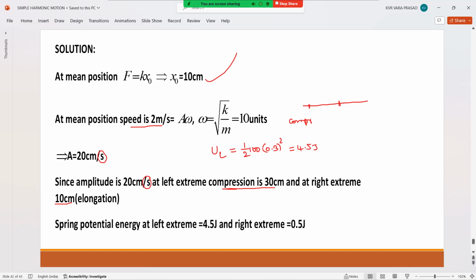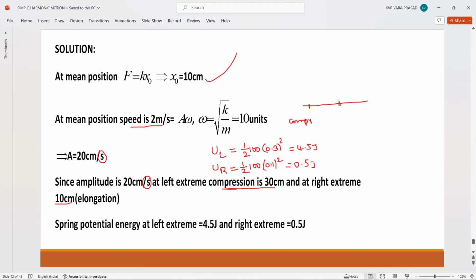Okay, right. Now see at right extreme. Right extreme potential energy equal to half K. Elongation is 0.1 meter. Okay, half K x square. This is now 0.5 joule. Okay, and if you observe carefully, mechanical energy of the spring block system is not a constant.